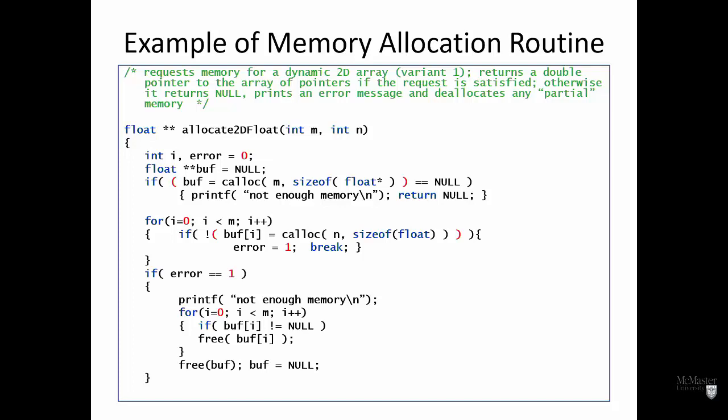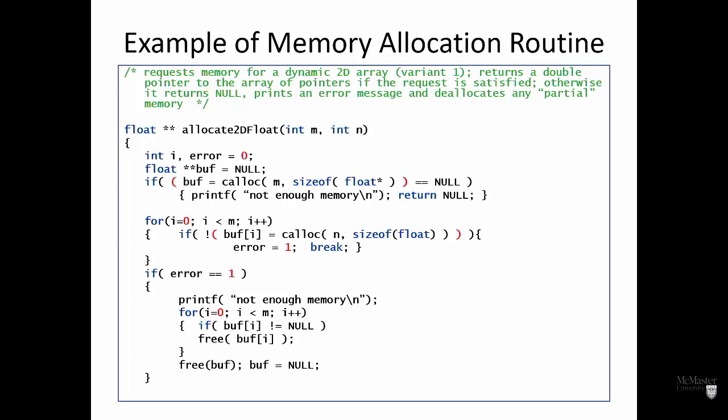So what we do, we define an error variable, assign it to 0, and then here we are using calloc, but you can use malloc, it doesn't really matter. And then I'm doing an if condition here. So what does this if condition do?